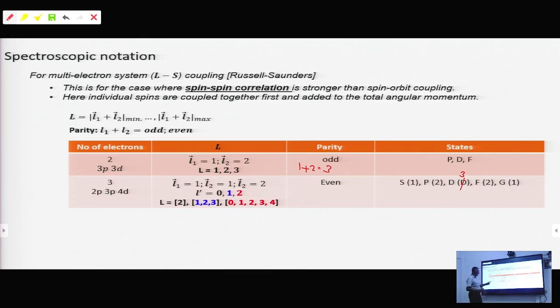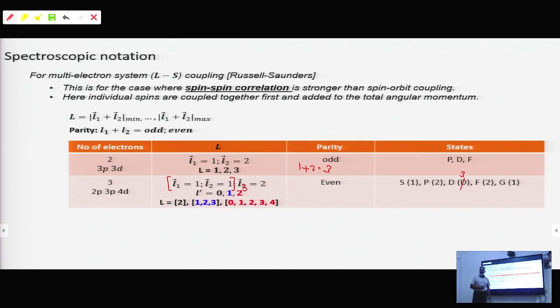Now let's look at a 3 electron system. So the same way we did, we have to combine this first. So the first is l equal to 1, the second is l equal to 1, and the third is l equal to 2.